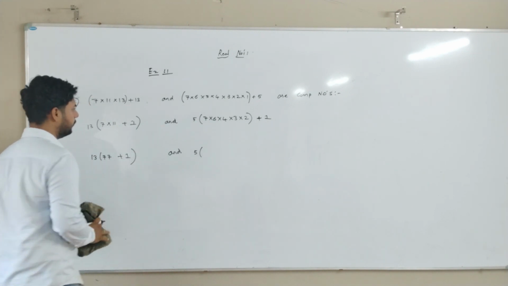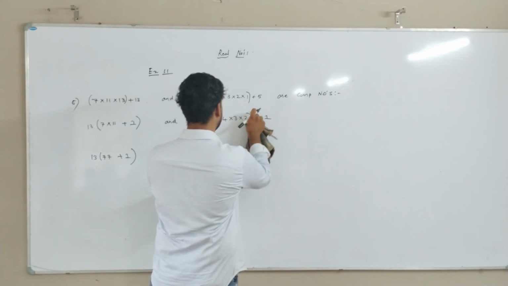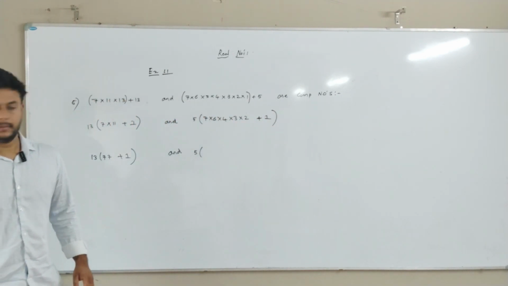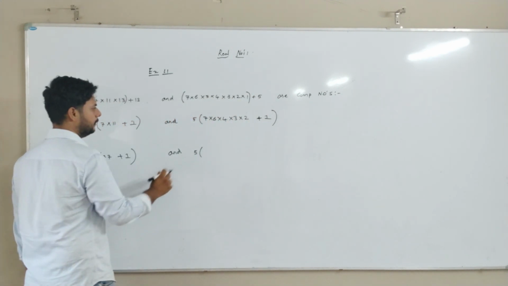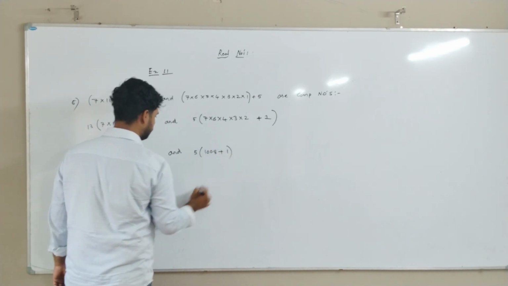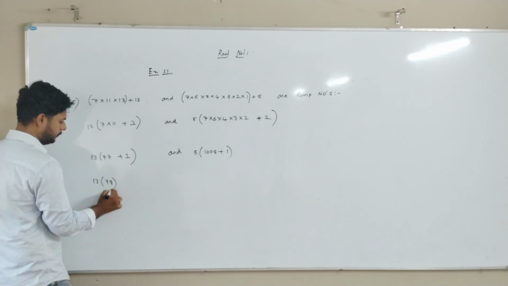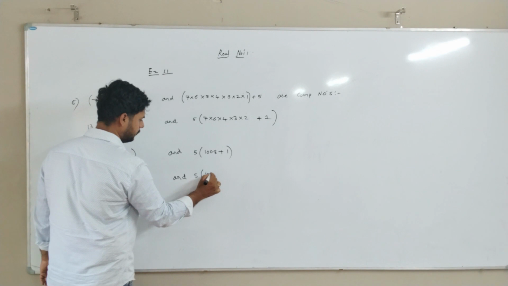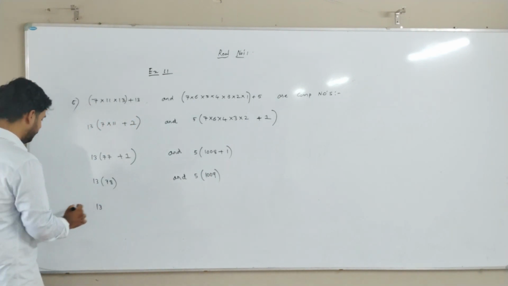Now this has entered inside because we have taken it common. We have considered it as one full thing now. 13 of 77 plus 1, that is 78.